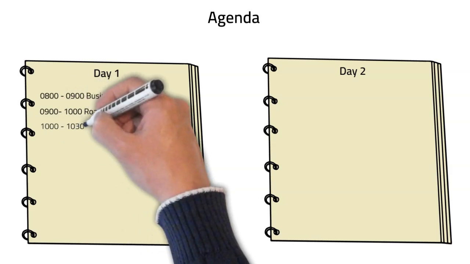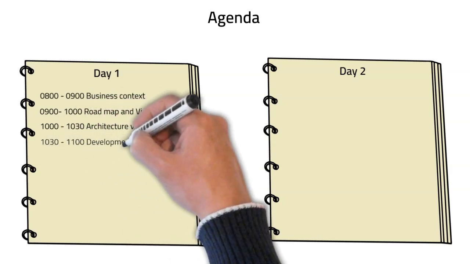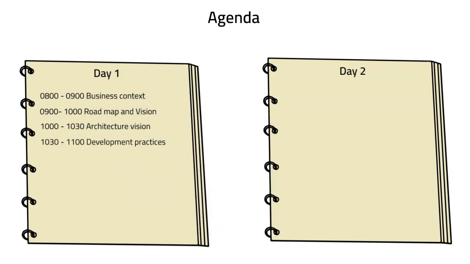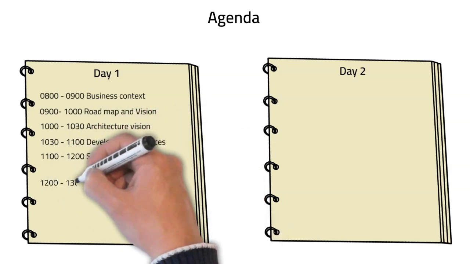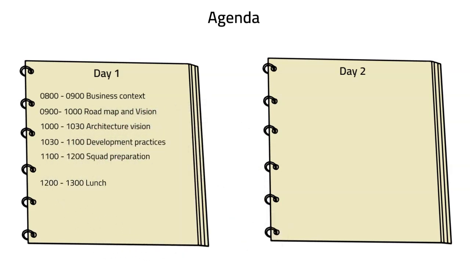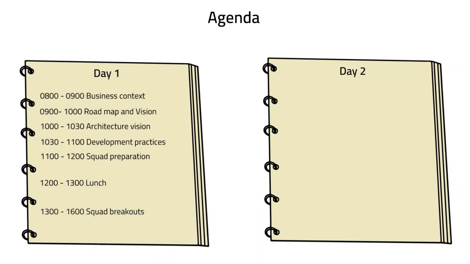We would also have architecture vision, led by the lead architect, and development practices, which would be presented by the head of delivery. We would then have some squad preparation before lunch, so that after lunch we can go into our squad breakouts, where teams can start working on their individual plans.